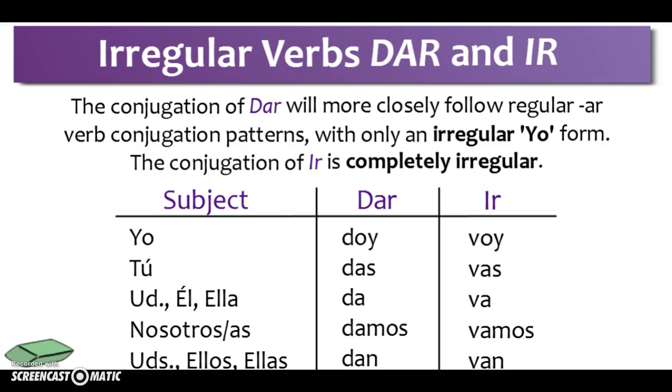So, complete conjugation: voy, vas, va, vamos, and van. It follows very closely the dar conjugation, but it follows no rule that we have seen thus far about any IR verb conjugation. This is one you just have to know.